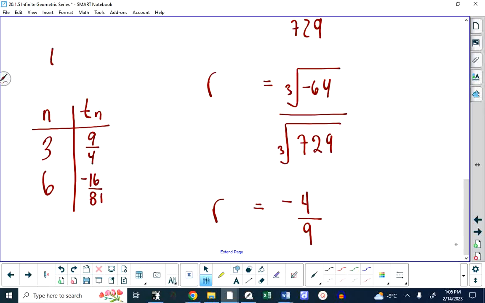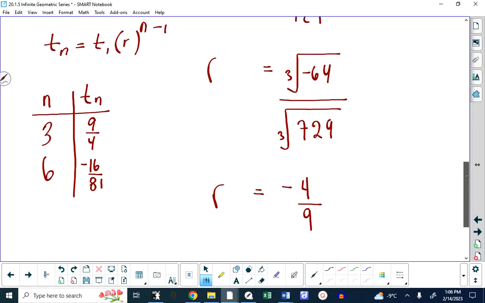We also know that Tn is the first term times r to the n minus 1, and we know r. So we can put r into that general term and get t sub n equals the first term times r, which is negative 4 over 9, raised to the n minus 1.